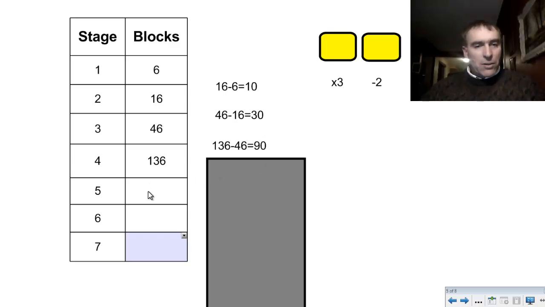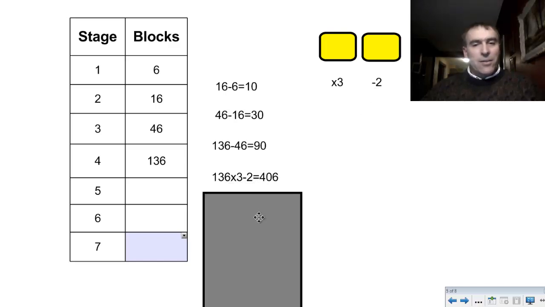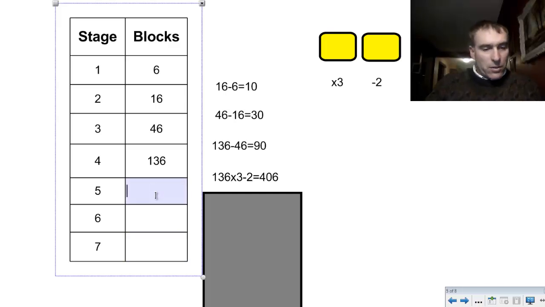But most importantly, we have to be able to go on and solve this next problem. So we use our input-output here in order to find what the answer is. So 136 is our input, 136 times 3, then minus 2. And we find the answer is 406. So we can write that 406 as our answer.